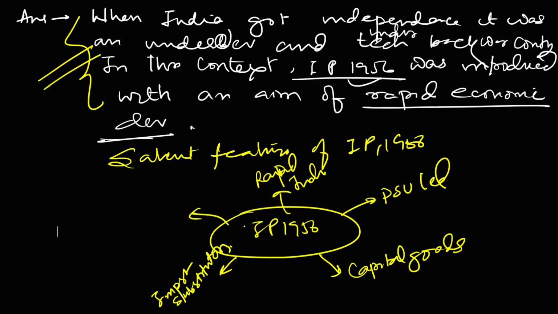Also, one of the major elements of the industrial policy was industrial licensing. So these were the significant features of the industrial policy.